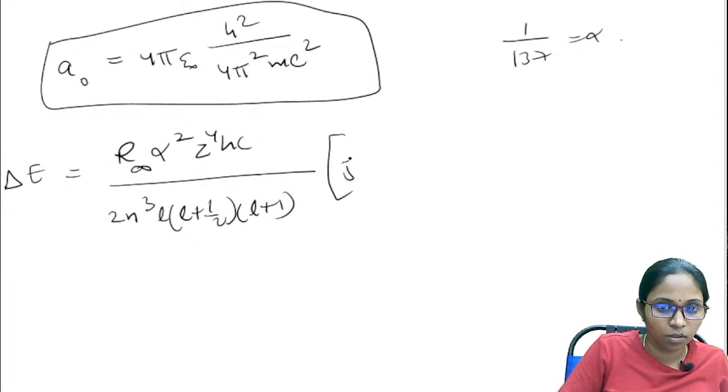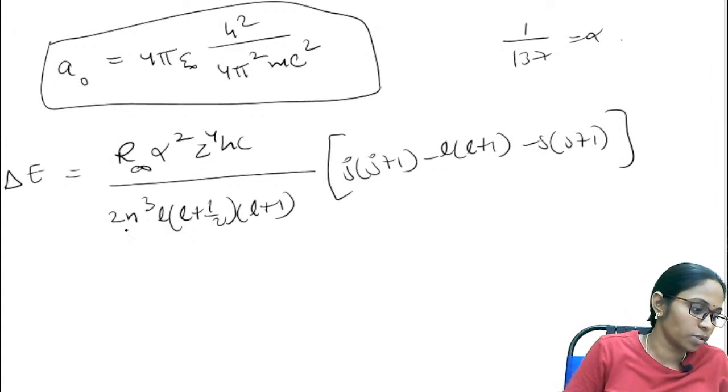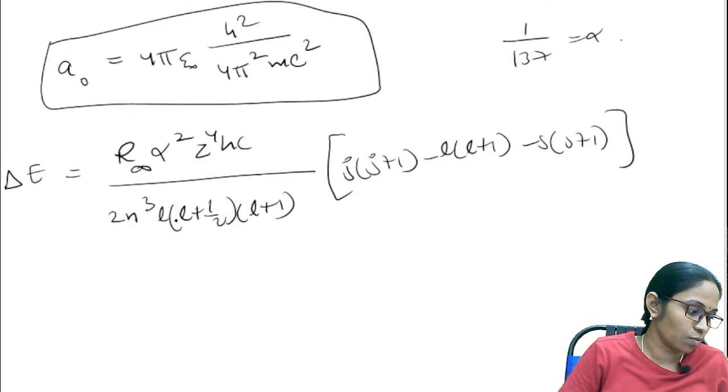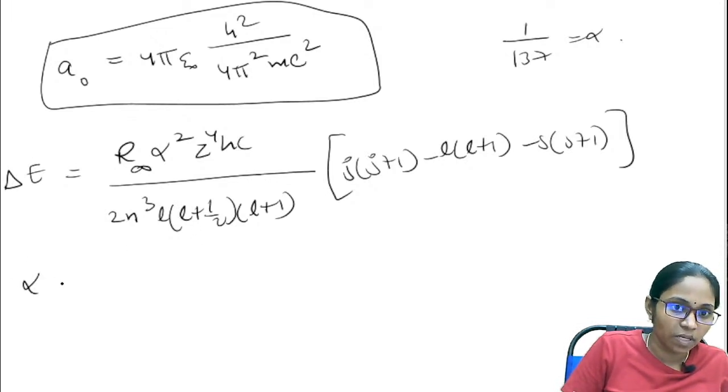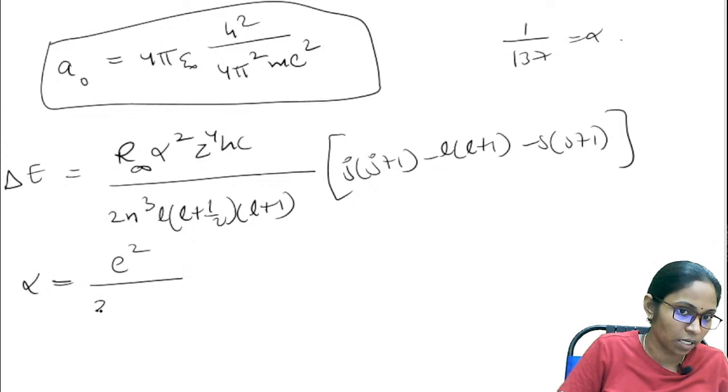This will be j into j plus 1 minus L into L plus 1 minus S into S plus 1. You just substitute 1 by r cube and a naught values in the energy equation and solve for this equation. And this alpha value will be 1 by 137 when you substitute these constants, e square by 2 epsilon naught hc.